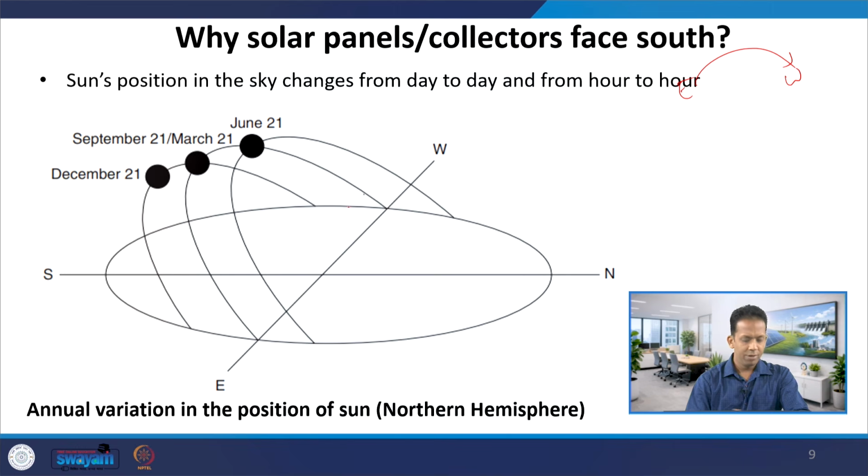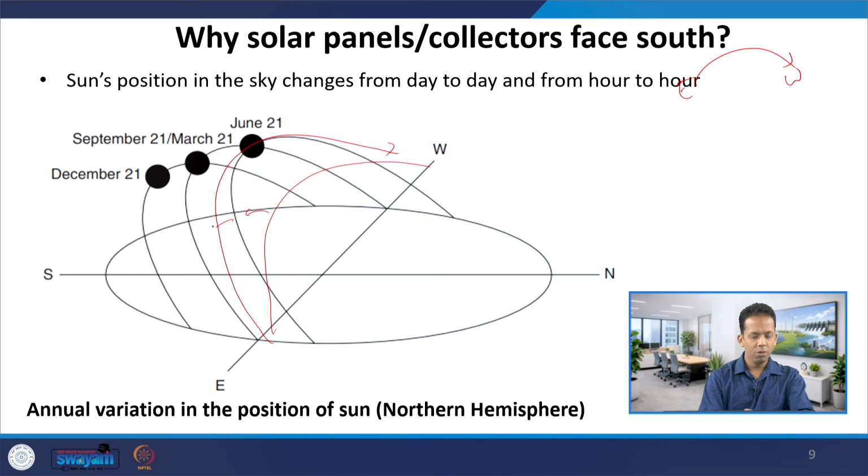Okay, let us take an example with this figure. Here east to west is given, where the sun is rising in the east and going to the west. But as the months change, this inclination goes on towards the south for the northern hemisphere, and then it starts coming back for another 6 months till the overhead point, the line which is exactly above the east-west line.